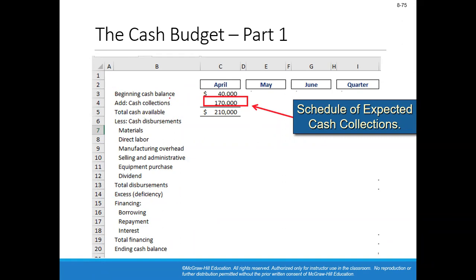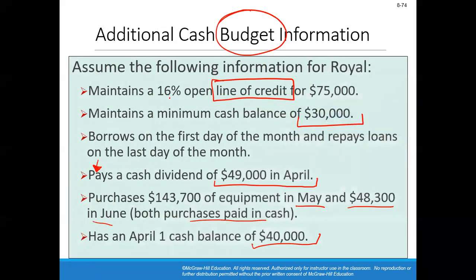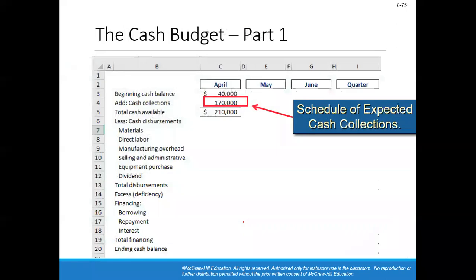So beginning cash balance, as we said in the previous slide, we have the beginning cash balance of 40,000. So this cash is available with us. That's why we have written it here, 40,000. And now cash collections. Can you recall where cash collections come from? Cash collections of this firm come from which sources?